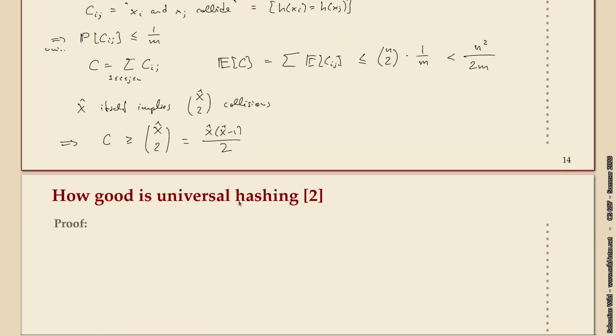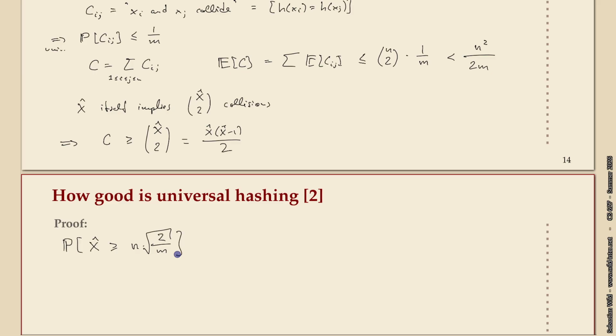And so we can now plug together and get a bound for this. The probability that our x hat is larger than some value, and here I'm using hindsight knowledge to pick that value.